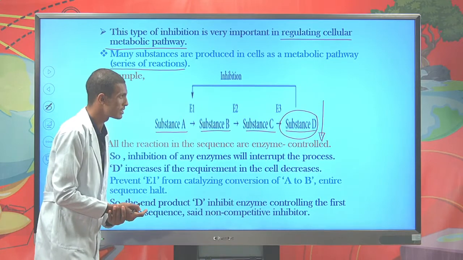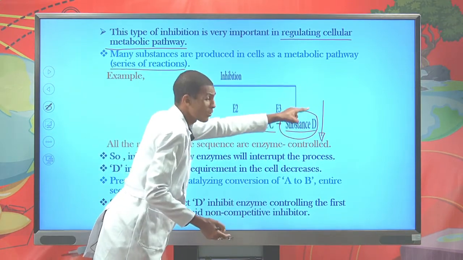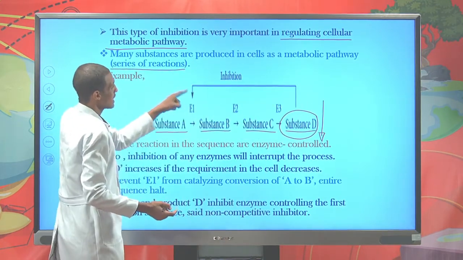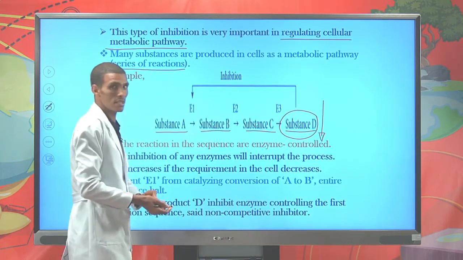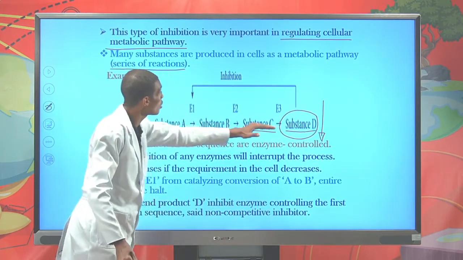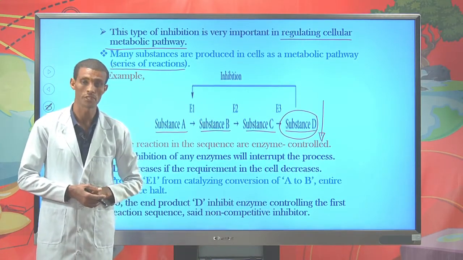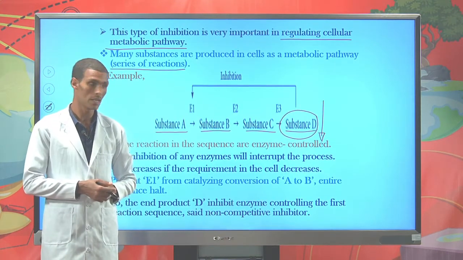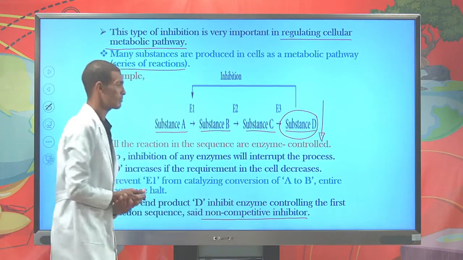This means that the increase or decrease in concentration of product D affects the earlier reactions, enzyme 1, enzyme 2, and enzyme 3, halting the whole process. This is said to be feedback end product inhibition, or negative feedback inhibition. This is considered a non-competitive inhibitor.